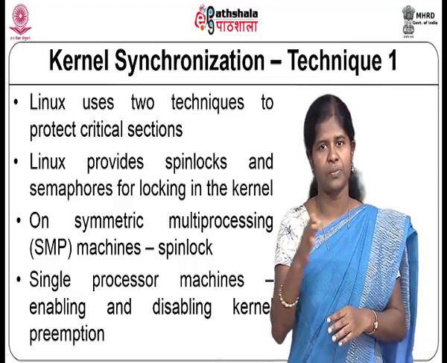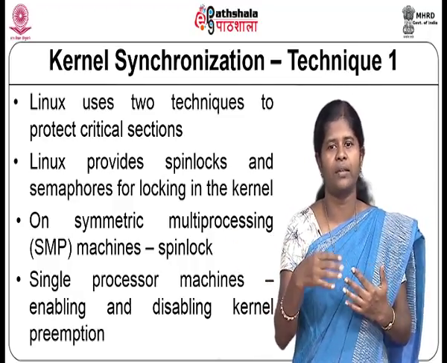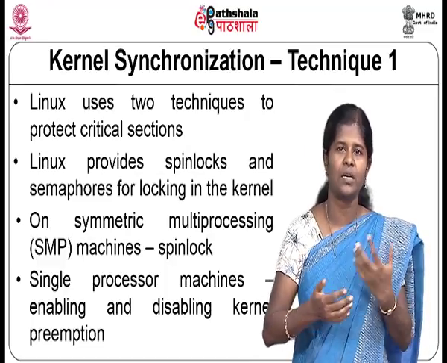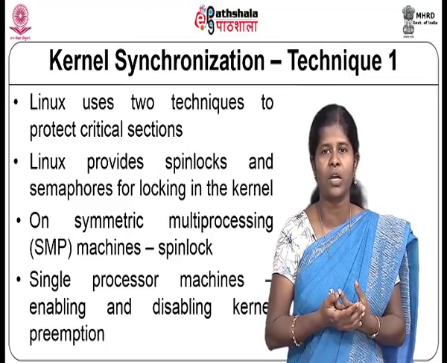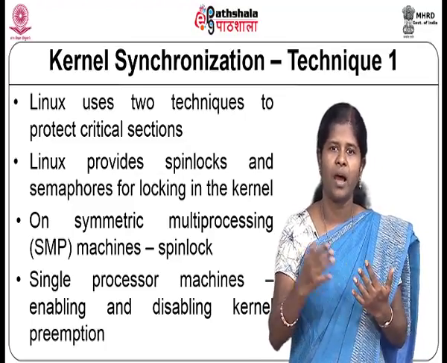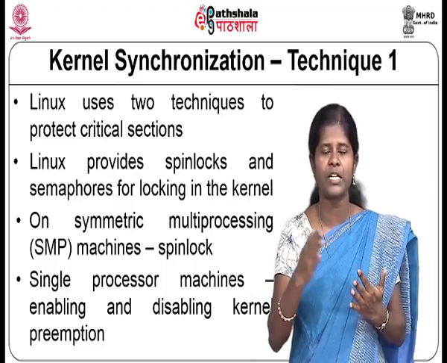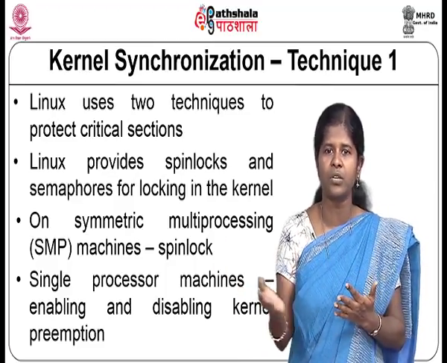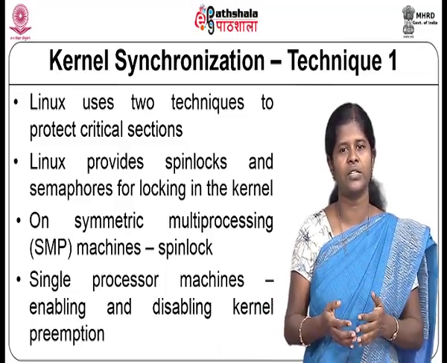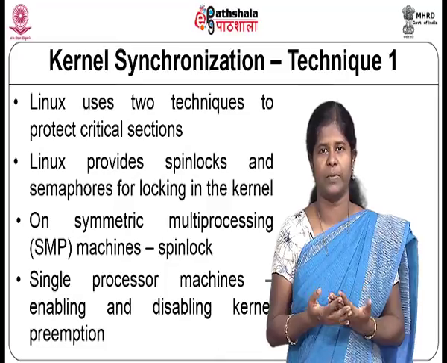Spin locks are generally used in symmetric multiprocessing machines. When you have multiple processors, you can use spin locks, because spin locks waste resources. If you have a single processor and you are using spin locks, then unnecessarily you will be wasting CPU time. So, when you have SMP machines with multiple cores, you can make use of spin locks. When you have single processor machines, spin locks may not be helpful.